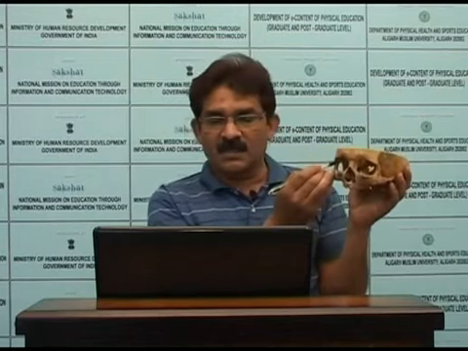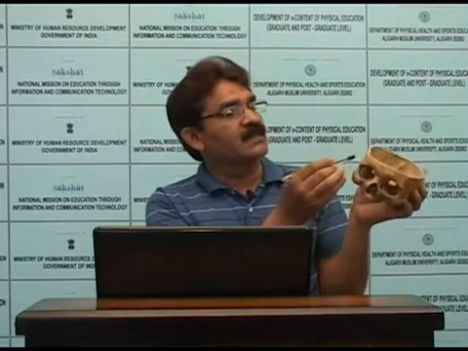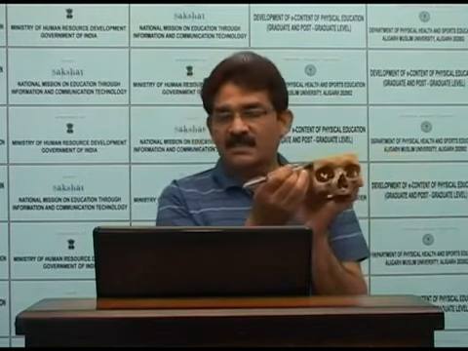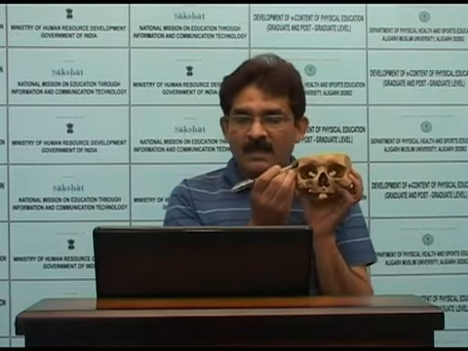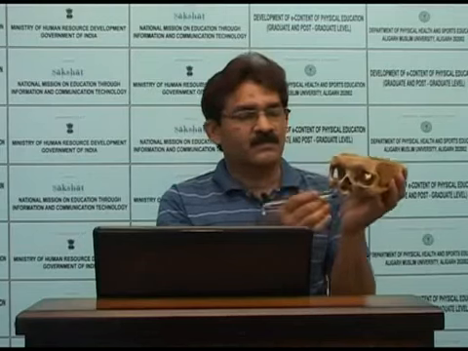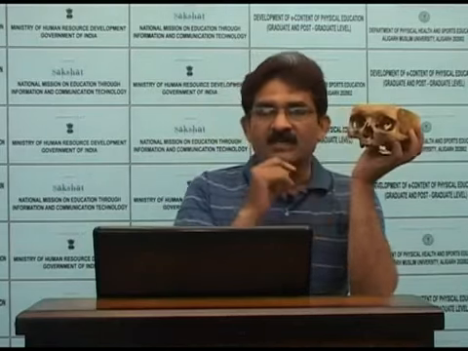Number 5 is the sphenoid bone. The sphenoid bone is just next to the orbit, situated in this area. The mandible is absent in this structure, but here we can see the mandible and the mandibular joints.